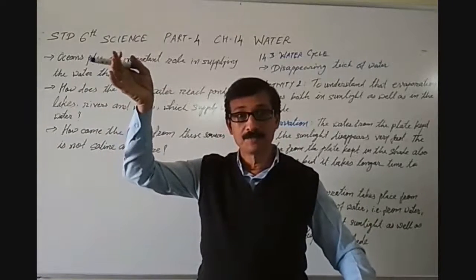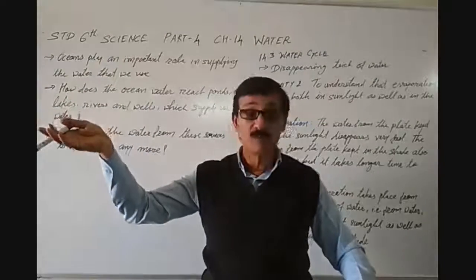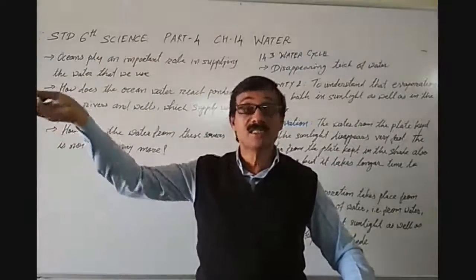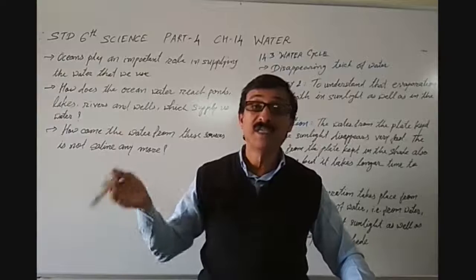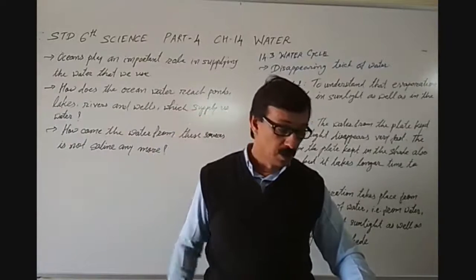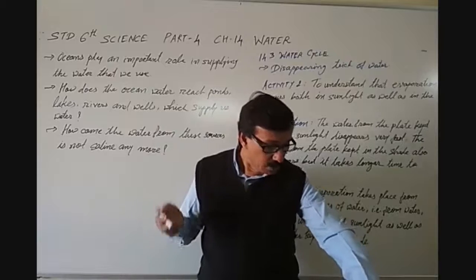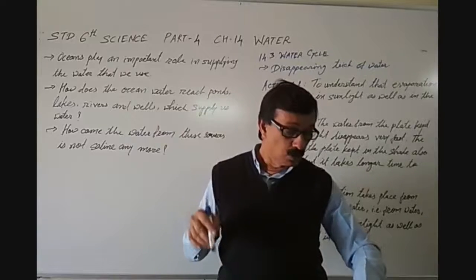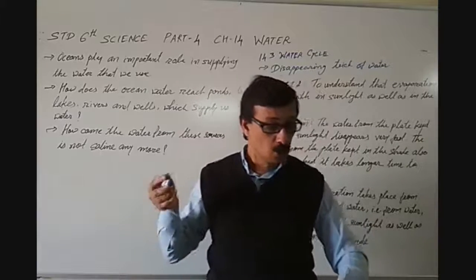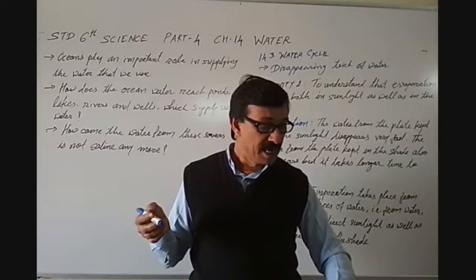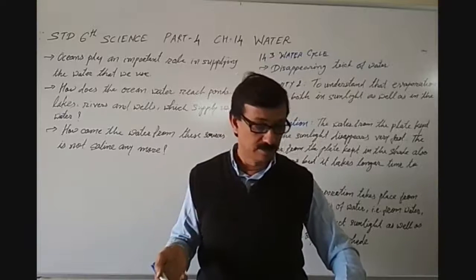We know how to get salt from sea water; we discussed that in that chapter also. So we have seen that water changes into vapor from the fields, roads, rooftops and other land areas.